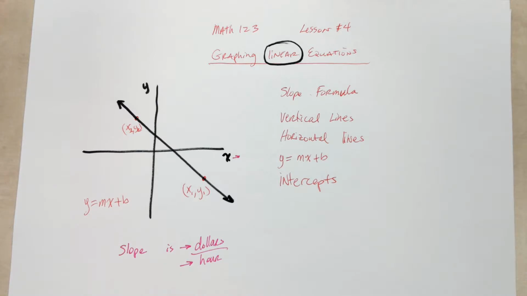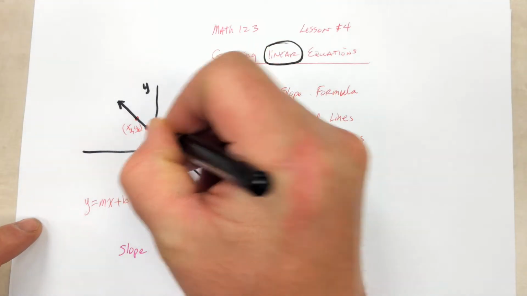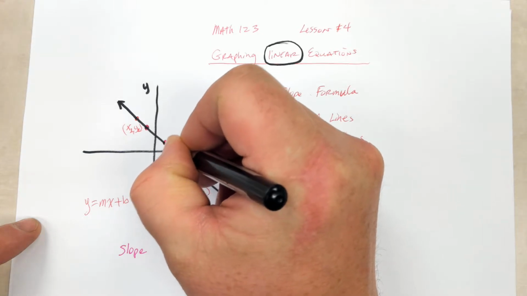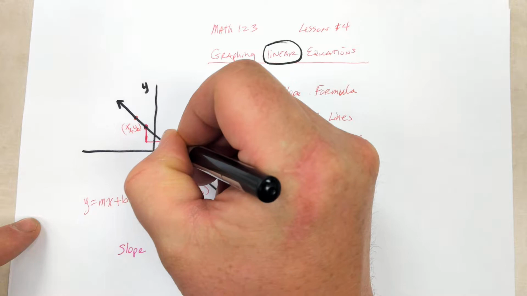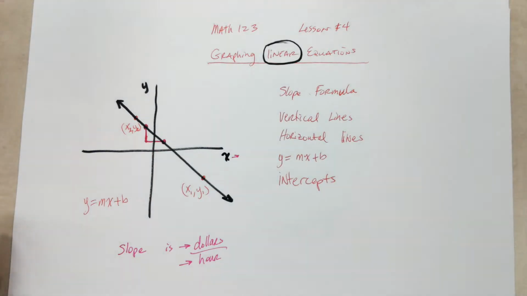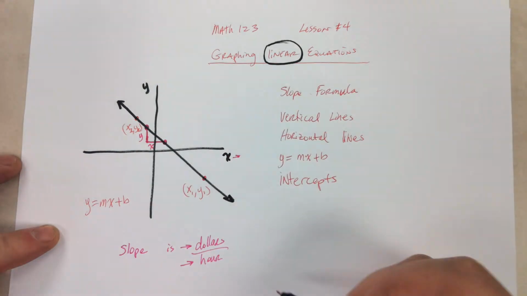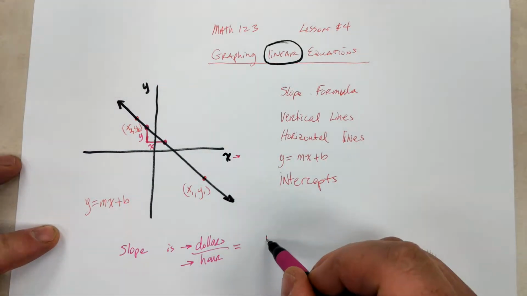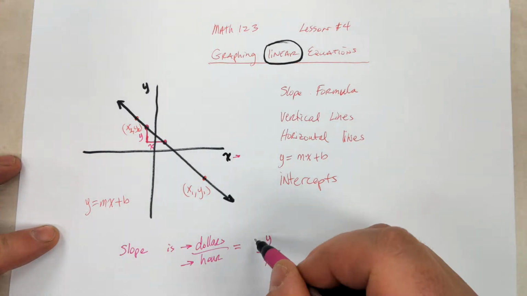So the way we figure out slope is we just pick 2 points, like say this point and this point, and you look at the change in y, and that goes on the numerator, and the change in x goes on the denominator. So this y distance and that x distance will be your slope. So it's the y over the x, but it's the change.